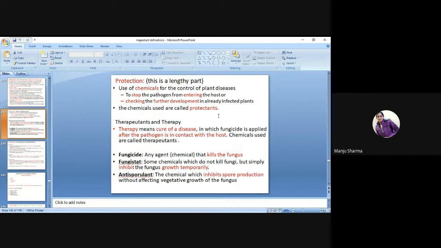Fungistatic, that means some chemicals which do not kill fungi but simply inhibit the fungus growth temporarily. Antisporulant, the chemical which inhibits the spore production without affecting vegetative growth of the fungus.